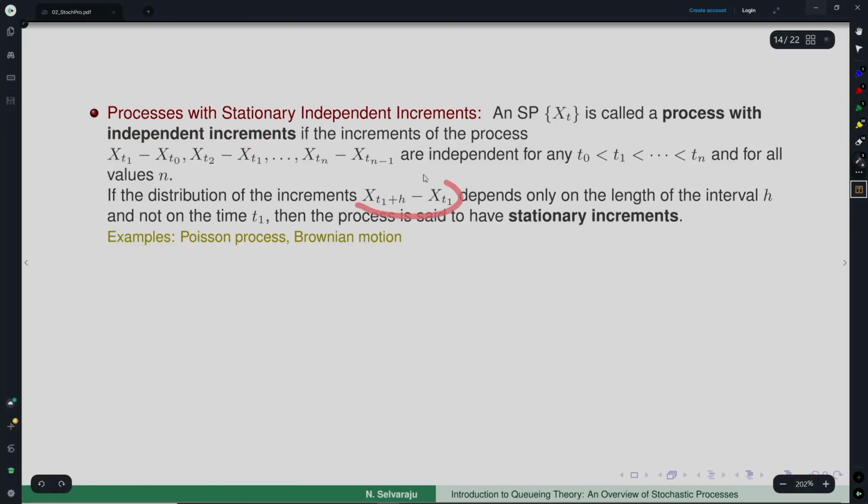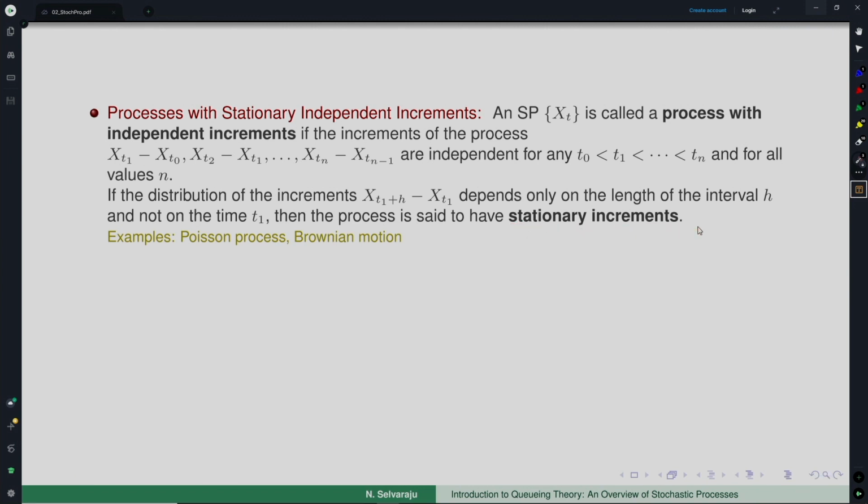Now, if the increment depends only on the length of the interval, but not on where this interval is placed, that means the increment x t1 plus h minus x t1 depends only on h and not on t1, then you say this is a process with stationary increments.